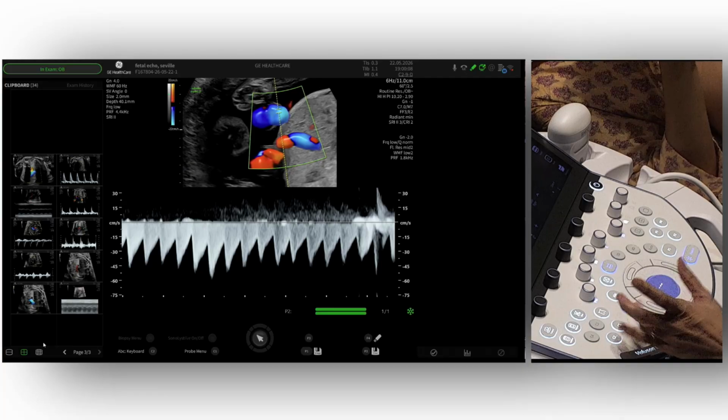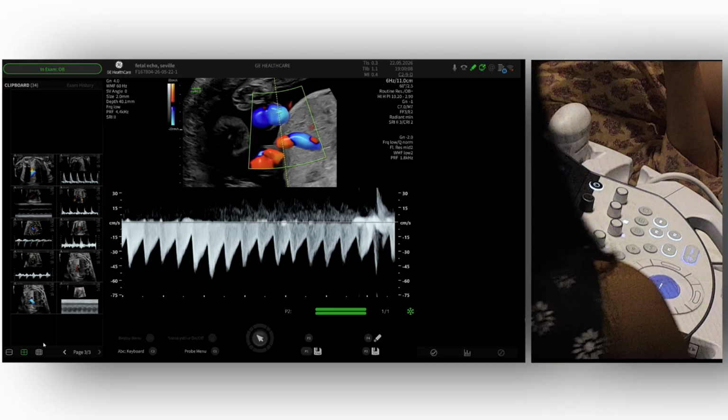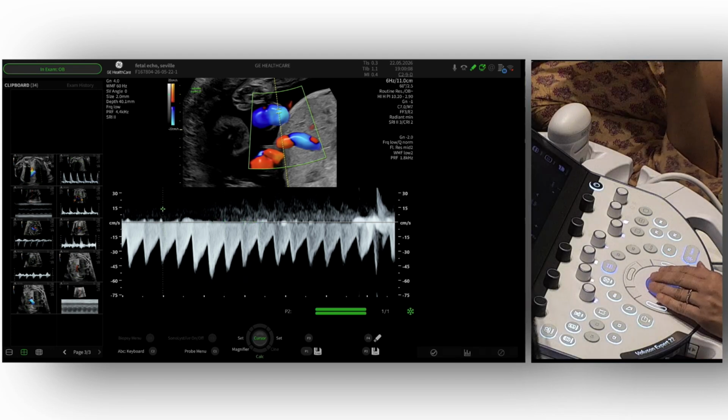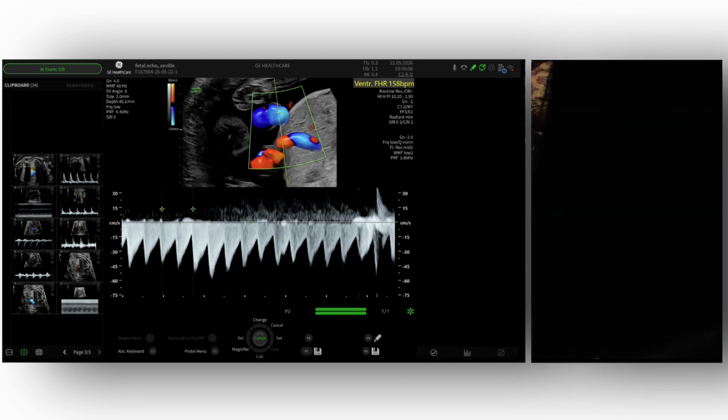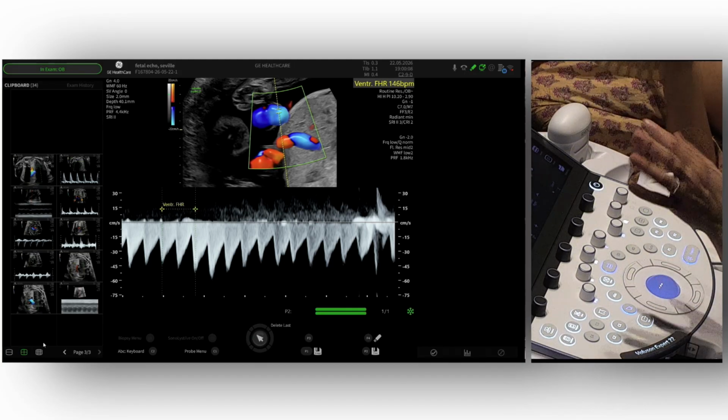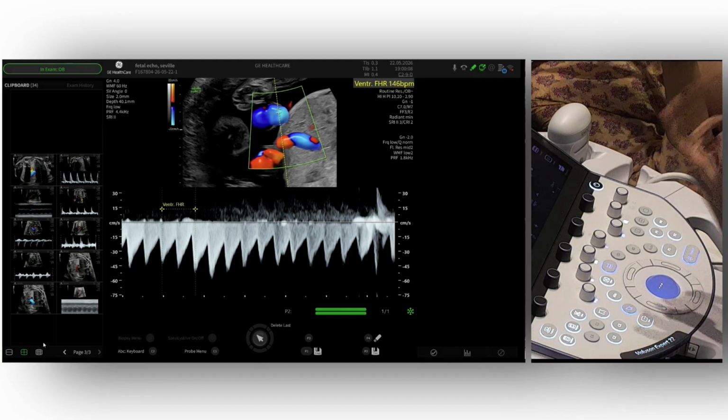So, for example, we can measure the heart rate. To measure the fetal heart rate, how many cycles? 2 cycles. So we can measure 2 cycles, and then we can see the heart rate.